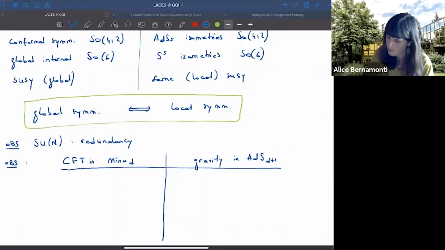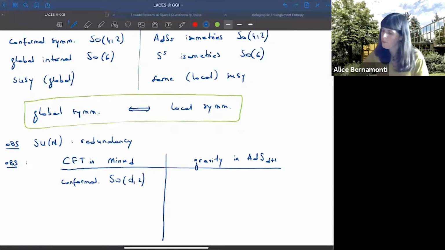The conformal symmetry SO(d,2) will map to the AdS isometries, so local SO(d,2).